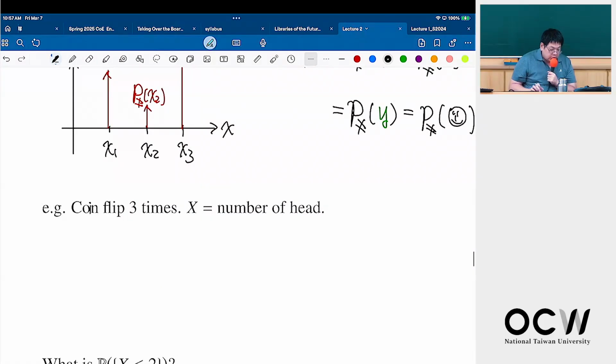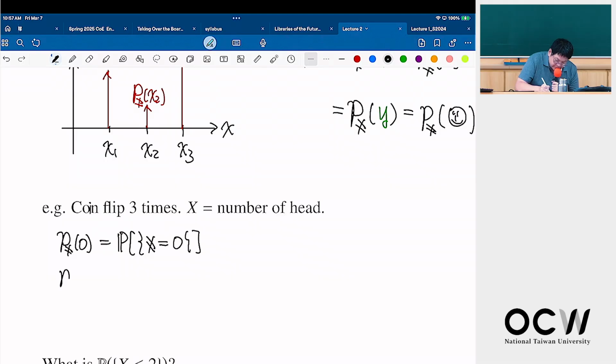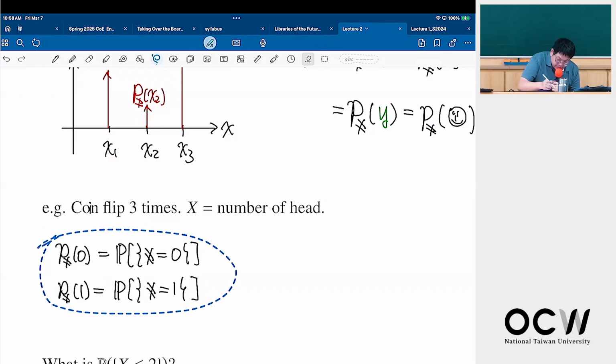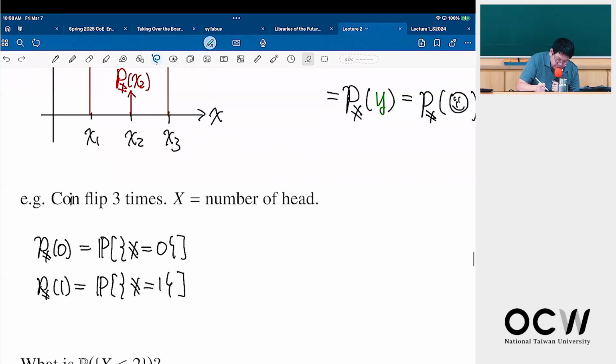So what does that mean? p_X(0) means the probability of X equals 0, and p_X(1) means the probability of X equals 1. Here we only have these two, so this will be 1/8, and this will be 3/8.